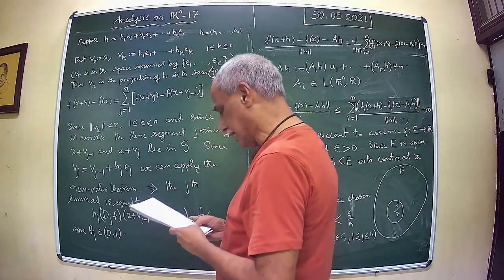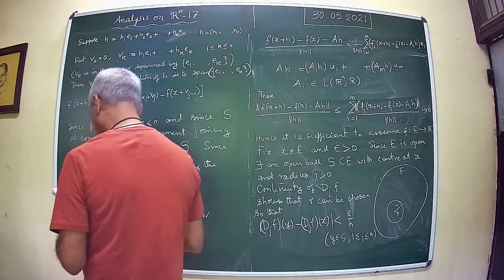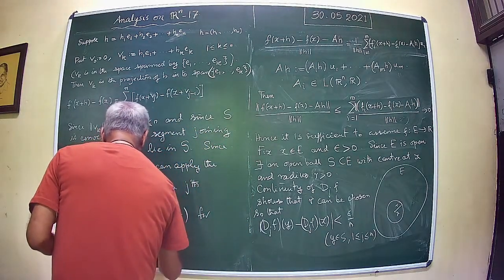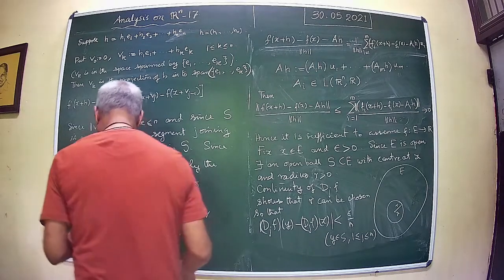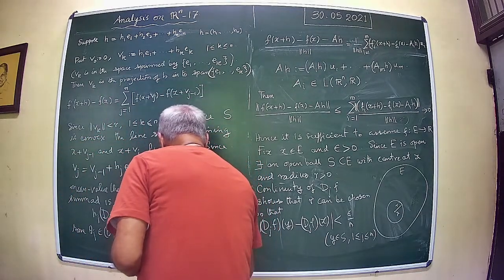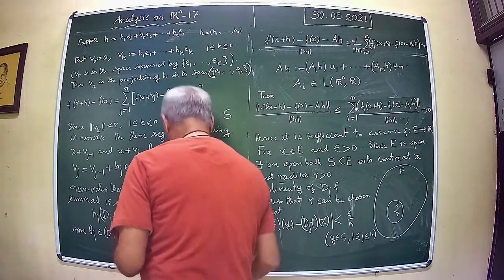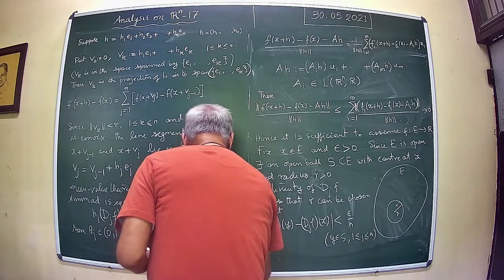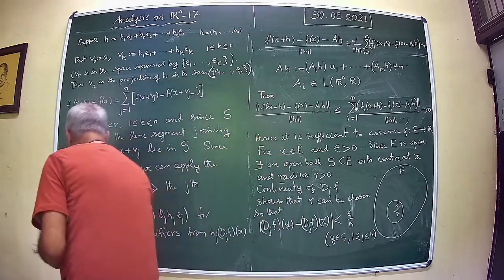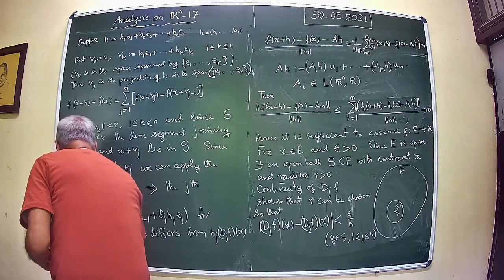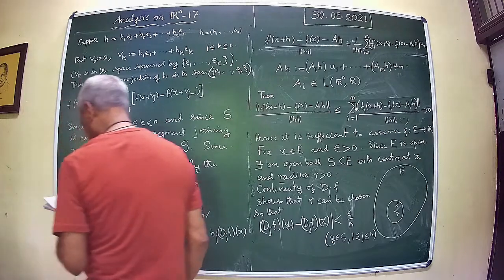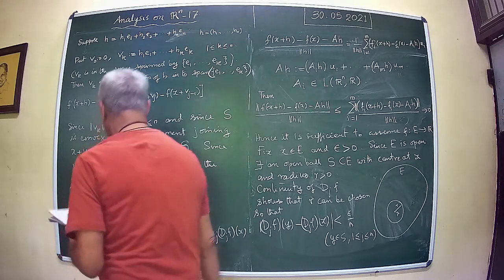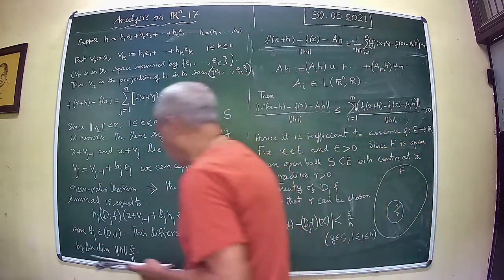Okay, and you see that this differs from D_j f at x by less than epsilon, times norm of h into norm of h_j.